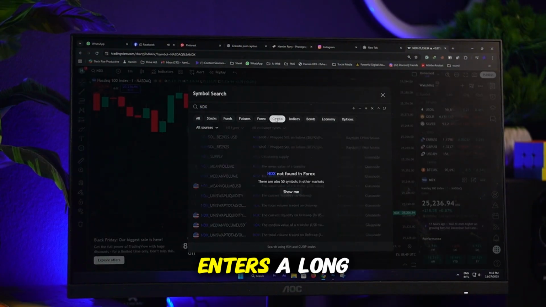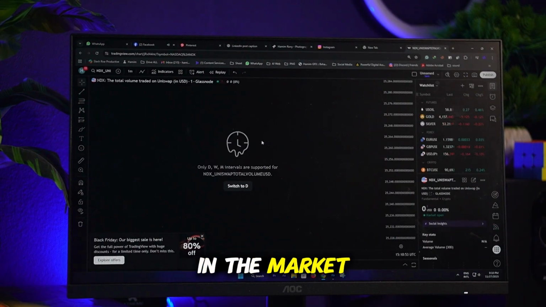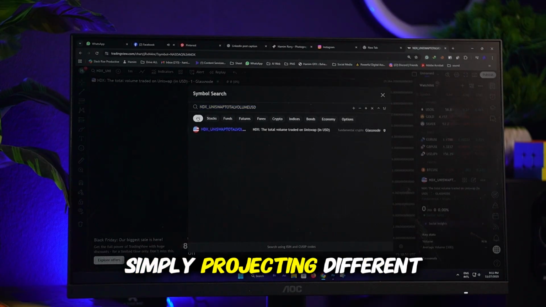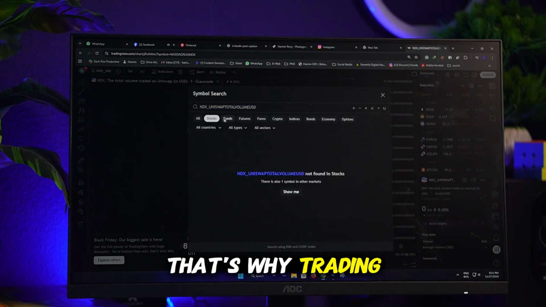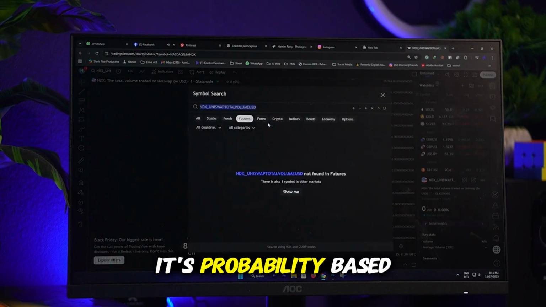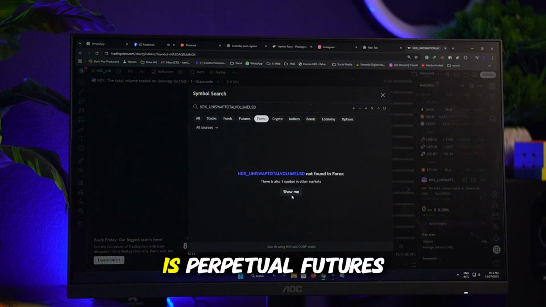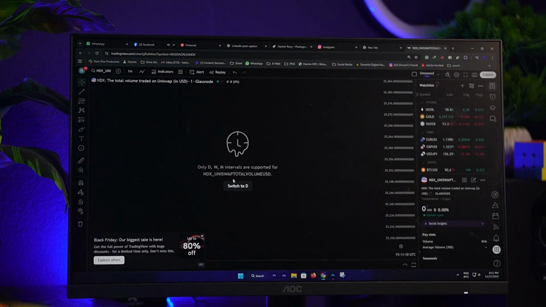The trader enters a long position. But another trader may see weakness in the market and enter a short position. Both traders are simply projecting different scenarios. That's why trading is not gambling when done properly. It's probability-based decision making.